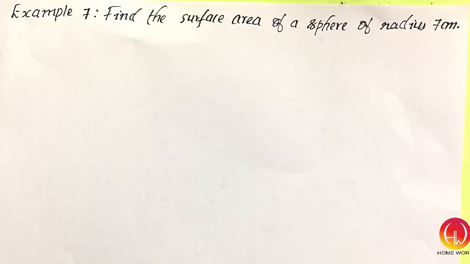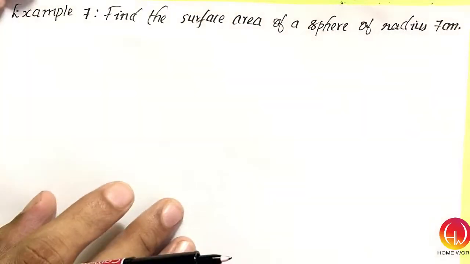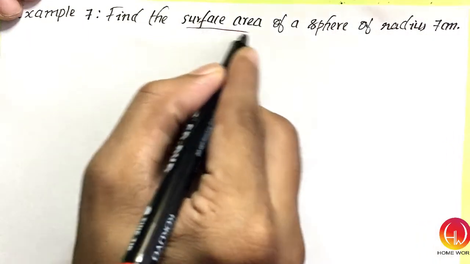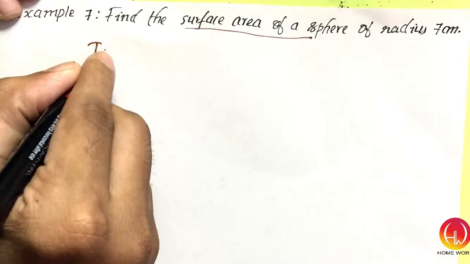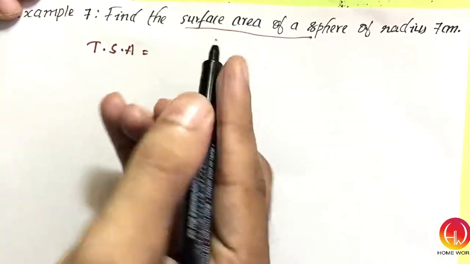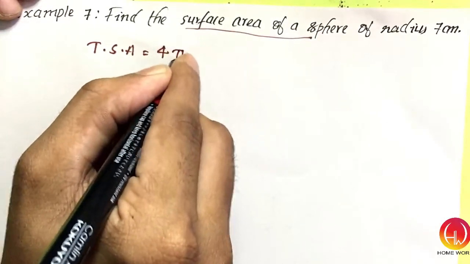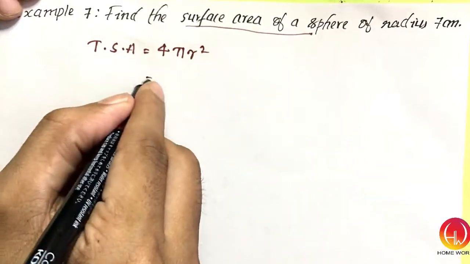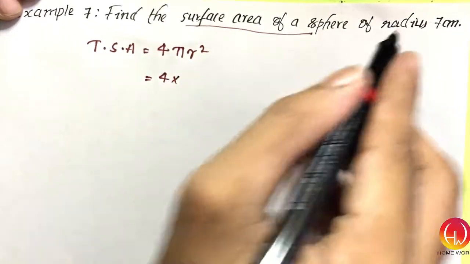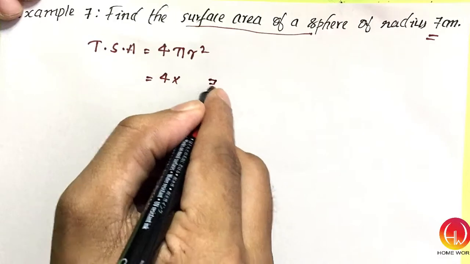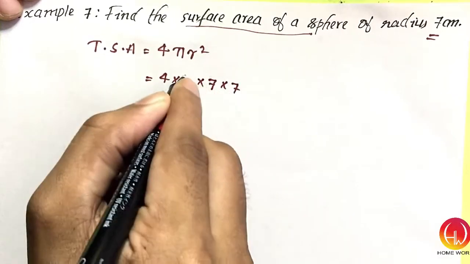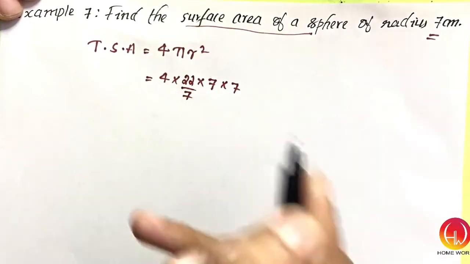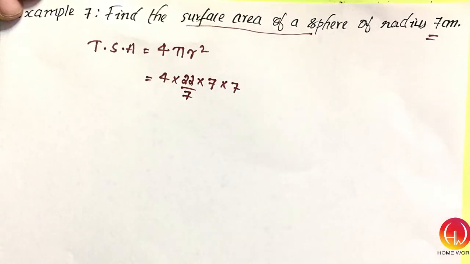Example 7. Find the surface area of a sphere of radius 7 cm. Total surface area, or simply surface area of sphere, equal to 4 pi r square. Then 4 into, what is radius here? 7 centimeters. So 7 into 7. So we can use 22 by 7 instead of pi.